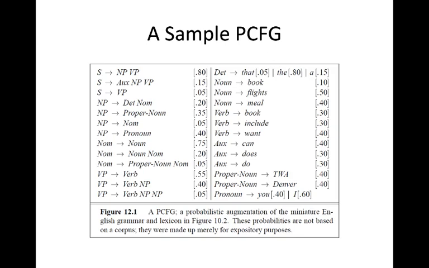Here we have the rules, the weights. This is constructed, it's not based on data from a treebank, it's just what Jurafsky and Martin made up by hand. But it gives you the idea. So for S, you have 0.8, 0.15, and 0.05, adding up to 1.